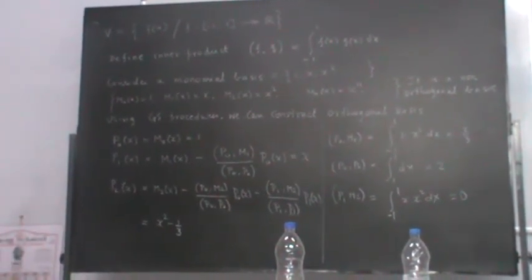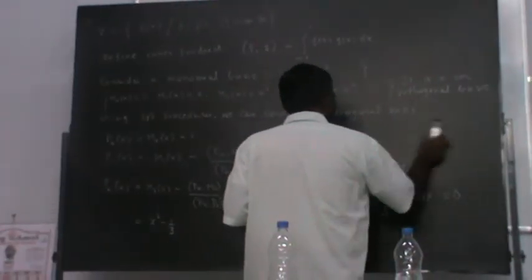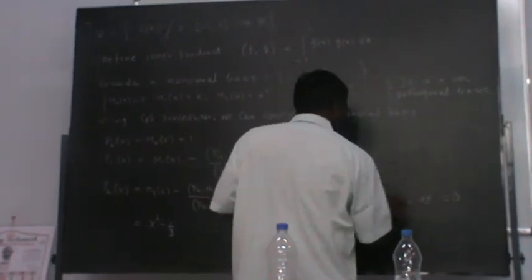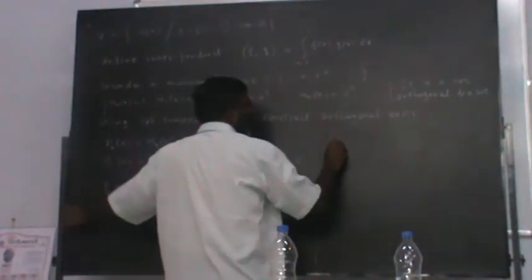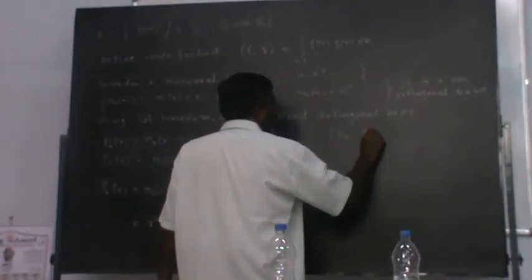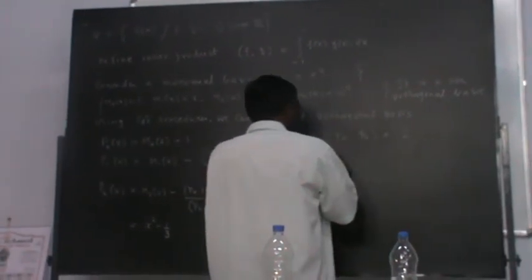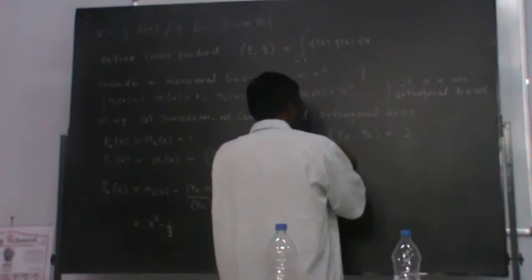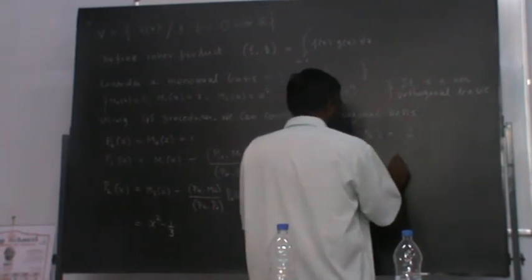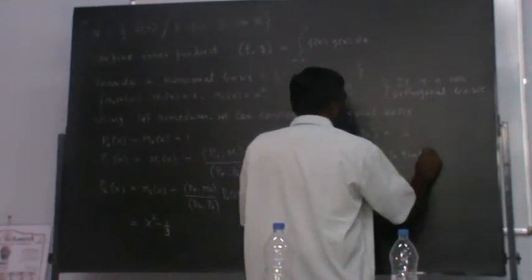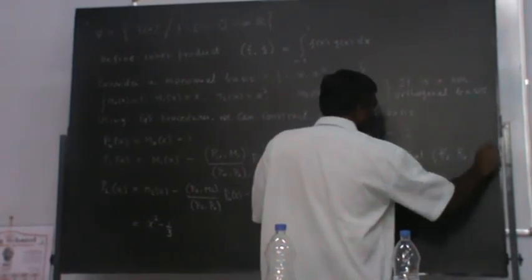Now you can ask about normalizing. Since I know P0 is equal to 2, normalizing P0, which I will call P0 tilde, is equal to 1 by root 2. So P0 tilde normalized is equal to 1.